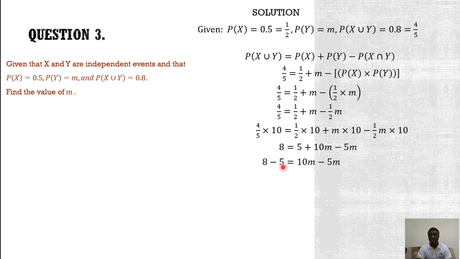Okay, grouping like terms, you will get 8 minus 5, and I hope you know why here is negative. The 5 was positive, so moving it to the left becomes negative, equal to 10 minus 5M.